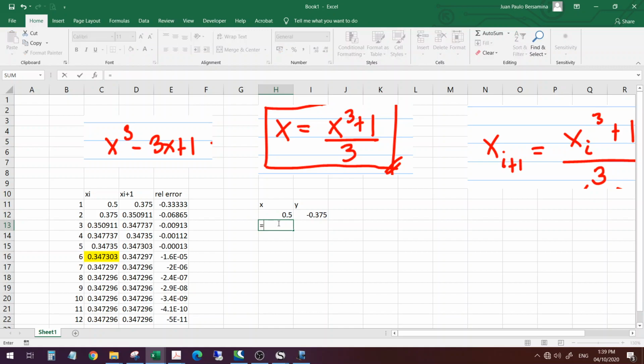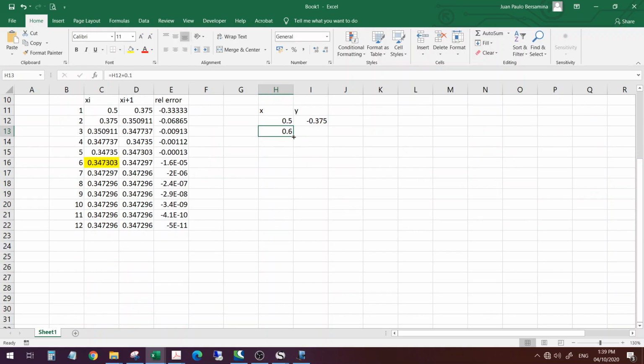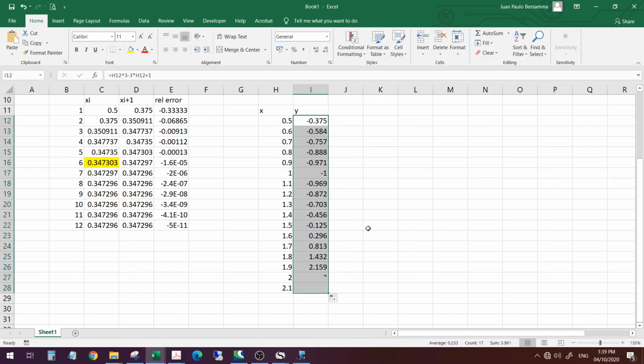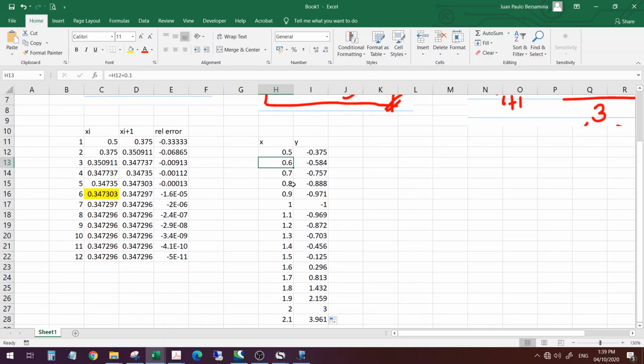Then say I'm using a plus 0.1 increment. 0.6. 0.347.